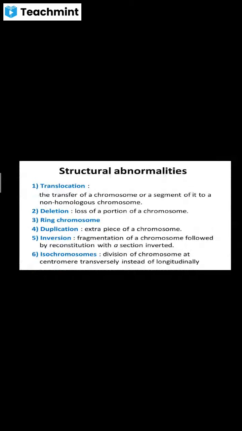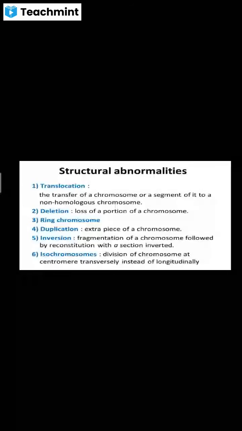There are ring chromosomes or duplications. Duplication means an extra piece of the chromosome is added. In inversion, the segment or fragment of the chromosome changes its position. Also, in isochromosomes, some variations are observed.